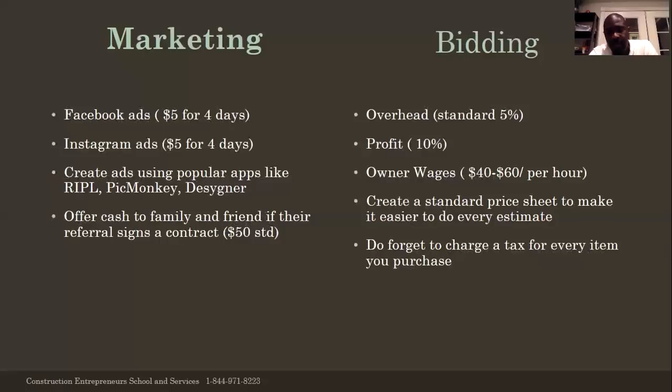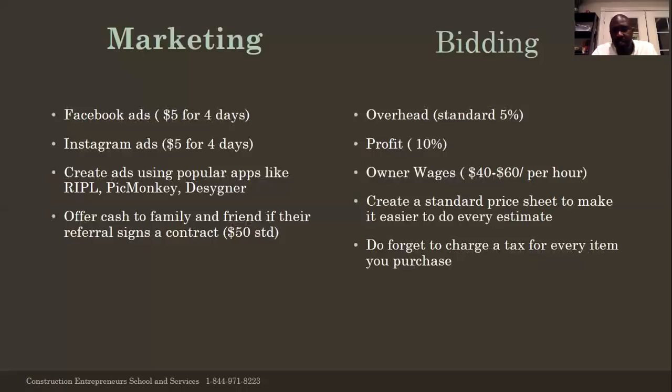Owner wages. It's very important that as a new contractor you pull a wage or a monthly salary from your business and not just pocket what you make for profits. Okay, you want to separate your wages and profits for the company.